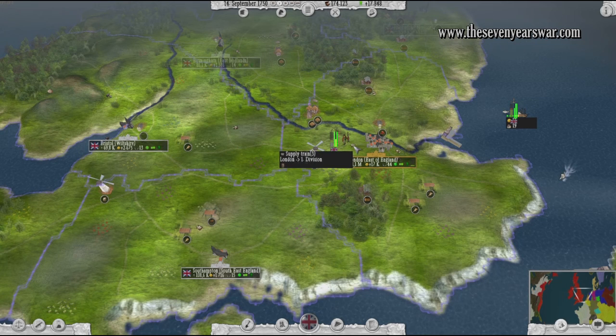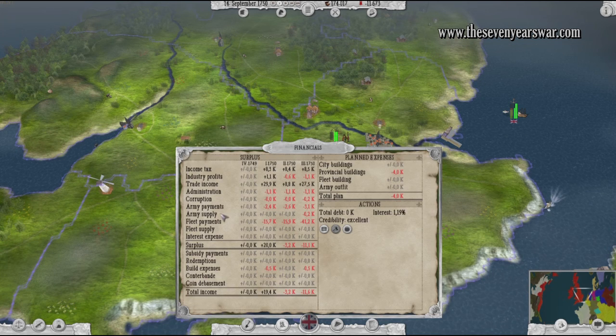And keep in mind that supply trains are also delivering supplies to neighboring provinces and to allied troops. Now, this supply chain should arrive shortly, and you can see that supplies are rising here. And if we take a look at the financials, you can see that we have some costs for army supply.